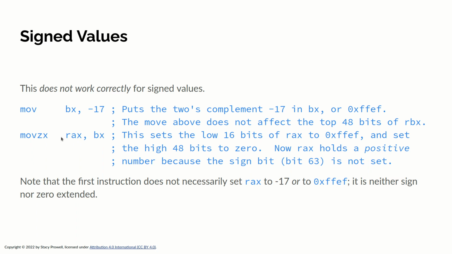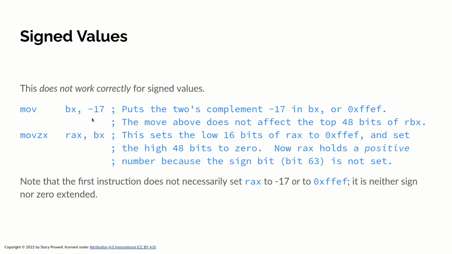It zeroes them out. So now this thing holds zeros, and then FFEF. The sign bit is not set. The value in RAX is a positive value. And that's not negative 17. That's not what we want.